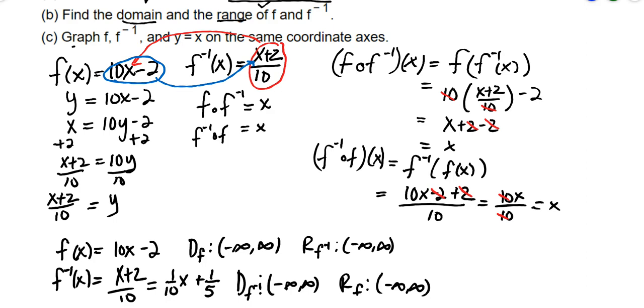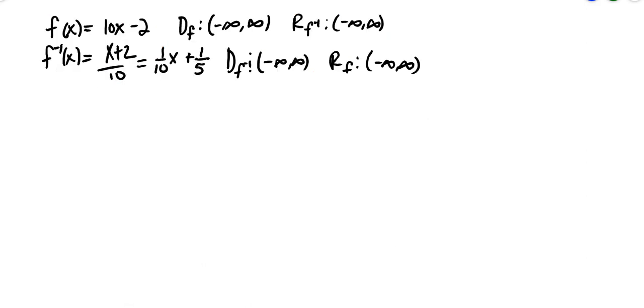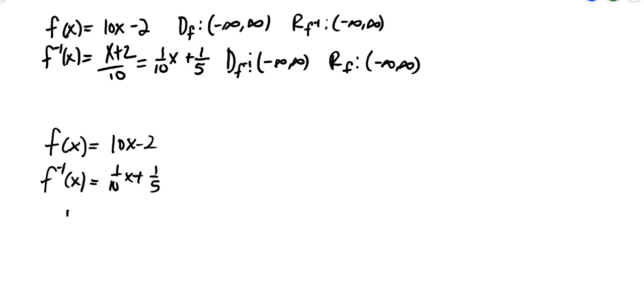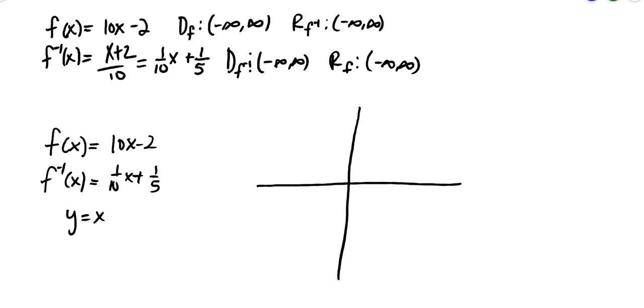Finally, we want to graph our function f and our inverse and the line y equals x. So we want to graph f of x equals 10x minus 2, f inverse, which is 1/10 x plus 1/5, and also the line y equals x, all on the same coordinate picture.